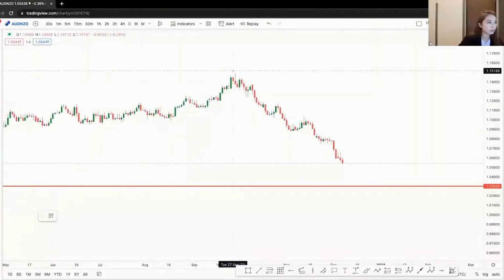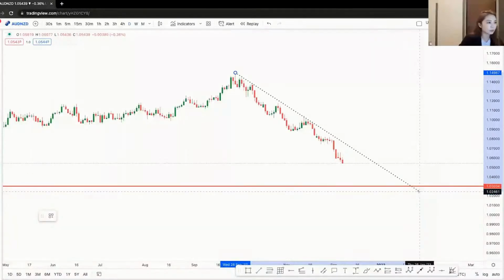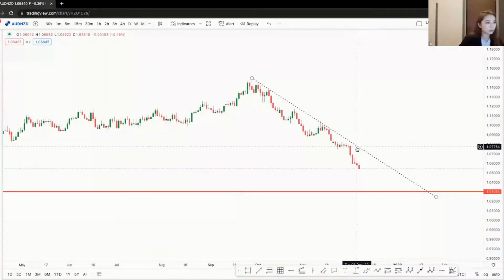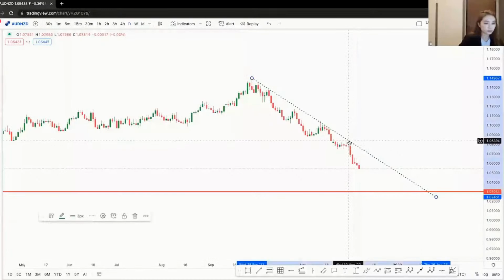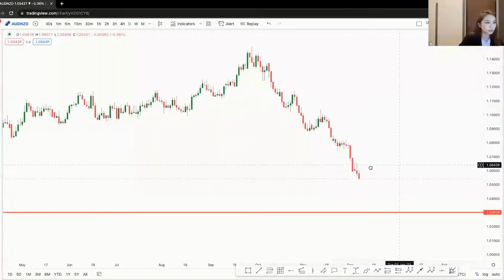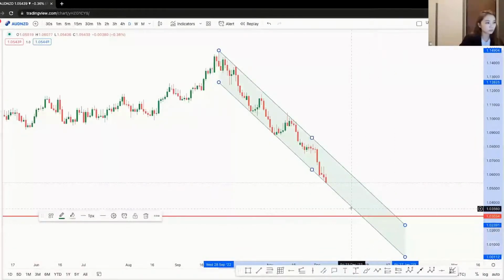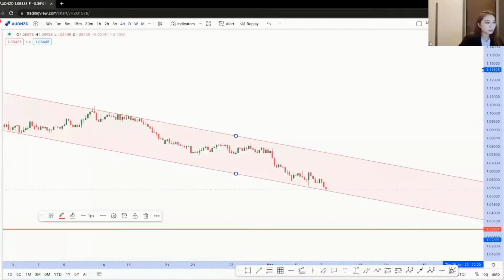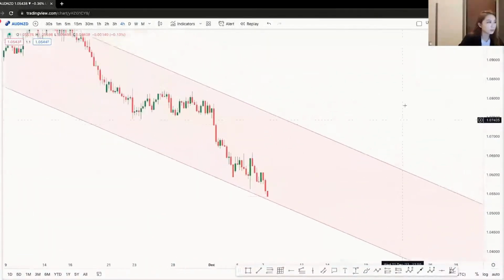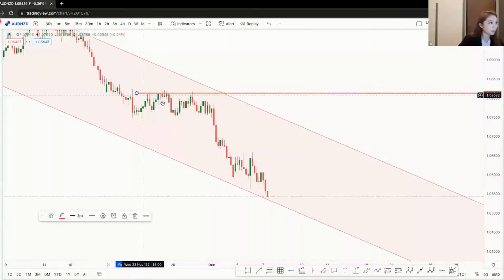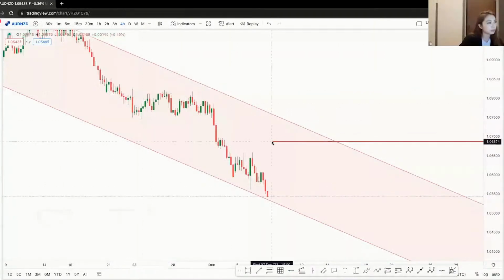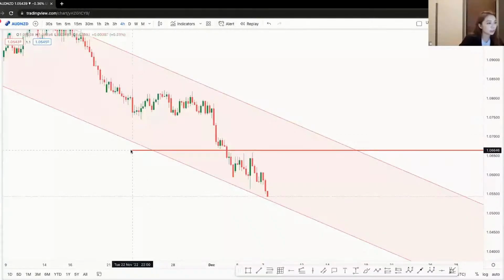We can see a very, very strong downtrend. Look at H4. I would say even though it is a downtrend, it is looking at a possibility of short-term recovery, short-term retracement.